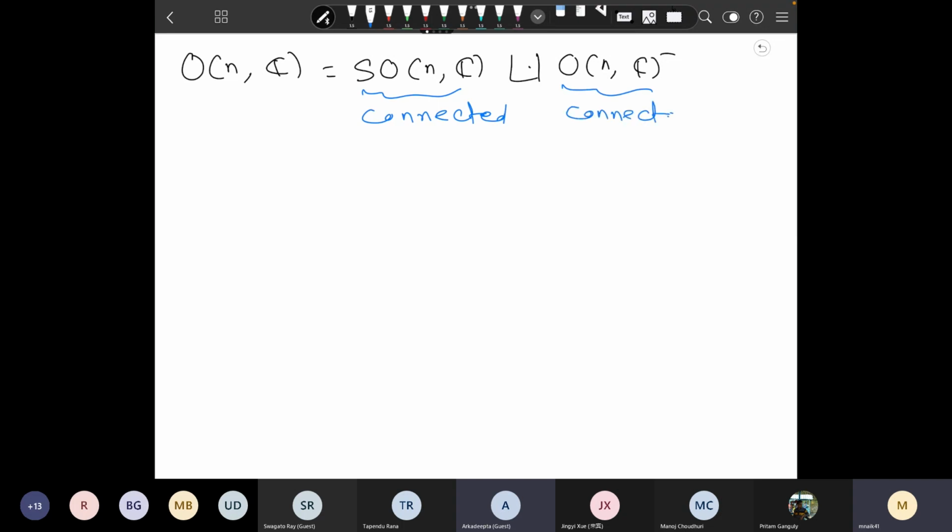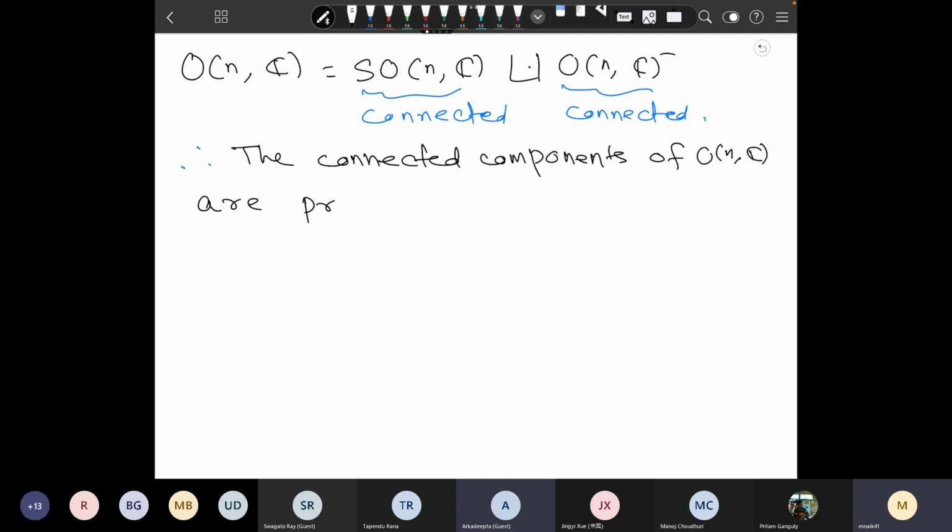So from here I conclude that the connected components of ONC are precisely SONC and ONC minus. So this finishes the discussion of the complex orthogonal group.